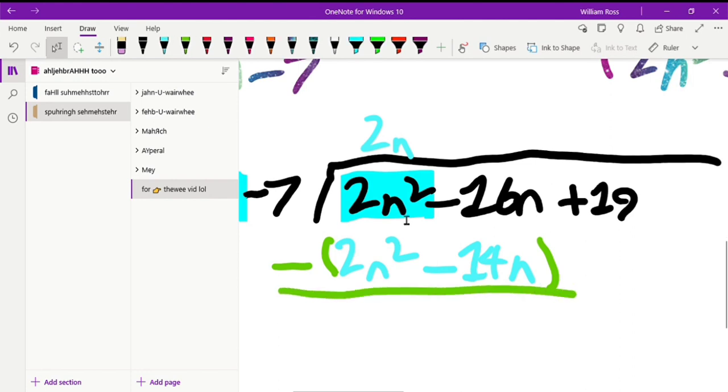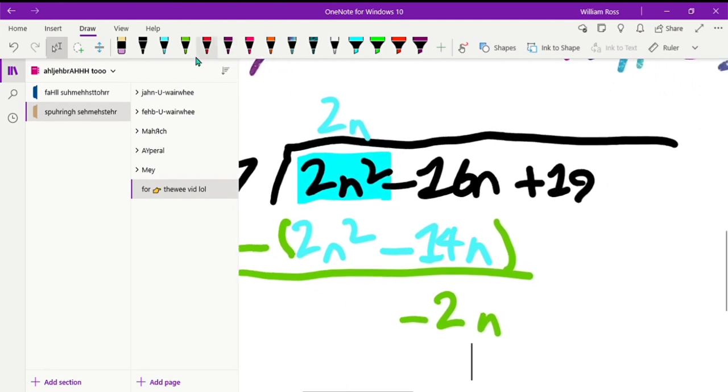So it's negative 16n plus 14n, my bad. That would be negative 2n. And then these 2n squares will cancel out. And then we bring down the 19. So now we have negative 2n plus 19.